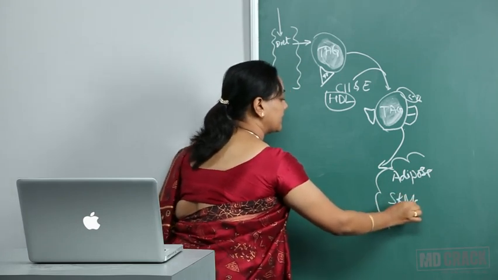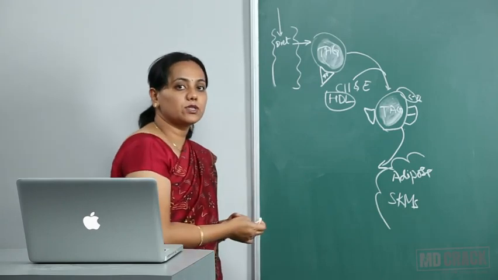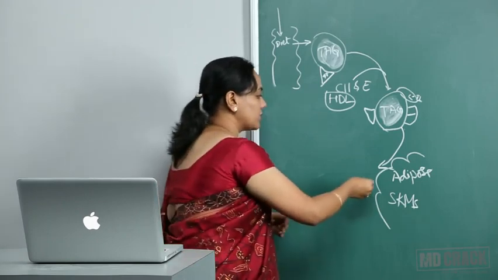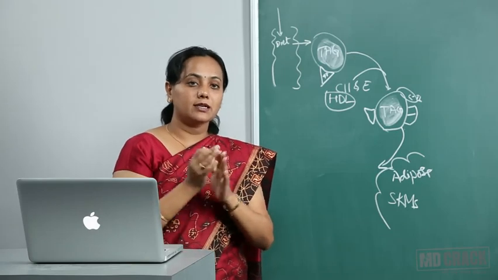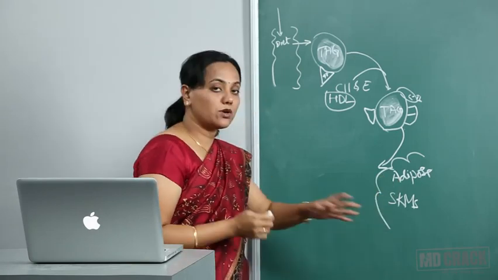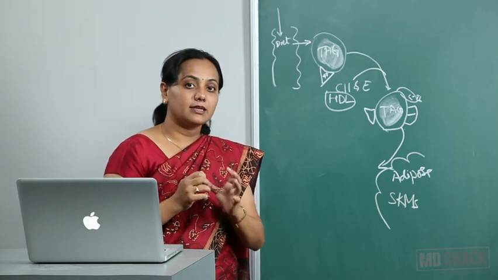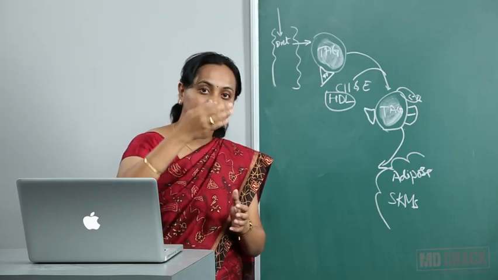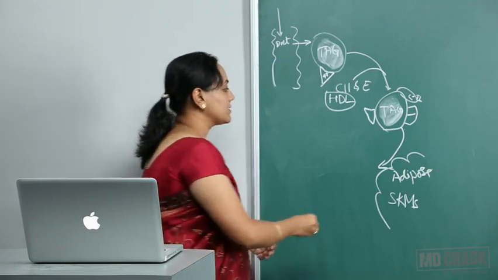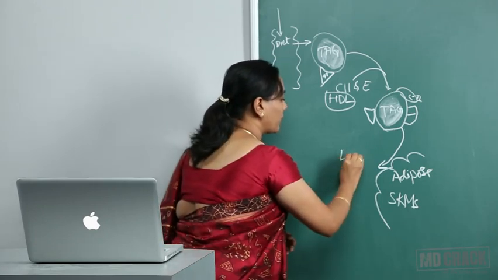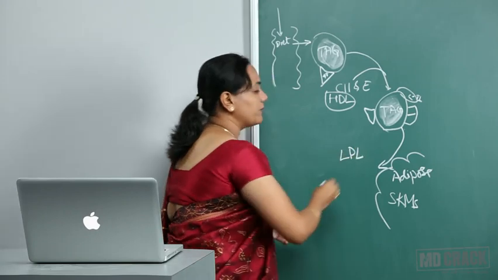Now what is happening in the skeletal muscle or the adipose tissue? They have capillaries lining them. In the capillaries going through the adipose tissue or the skeletal muscle, there is an enzyme present in the endothelium of these capillaries. This is known as lipoprotein lipase, LPL.